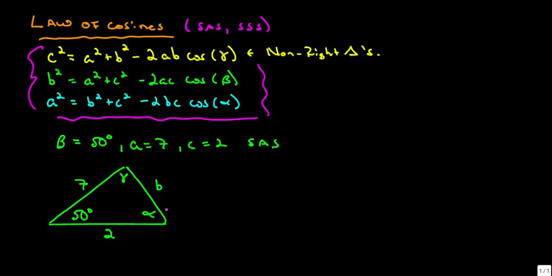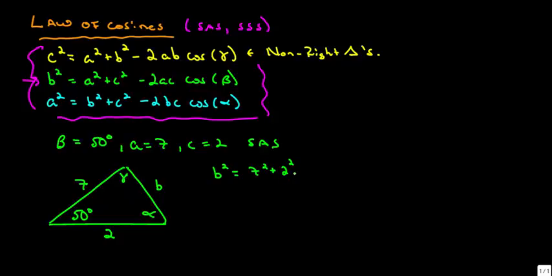So, setting this up, I'm going to use this second one in here. So I'm going to say b squared, which I don't know, is going to be equal to a squared, which is 7 squared, plus c squared, which is 2 squared.